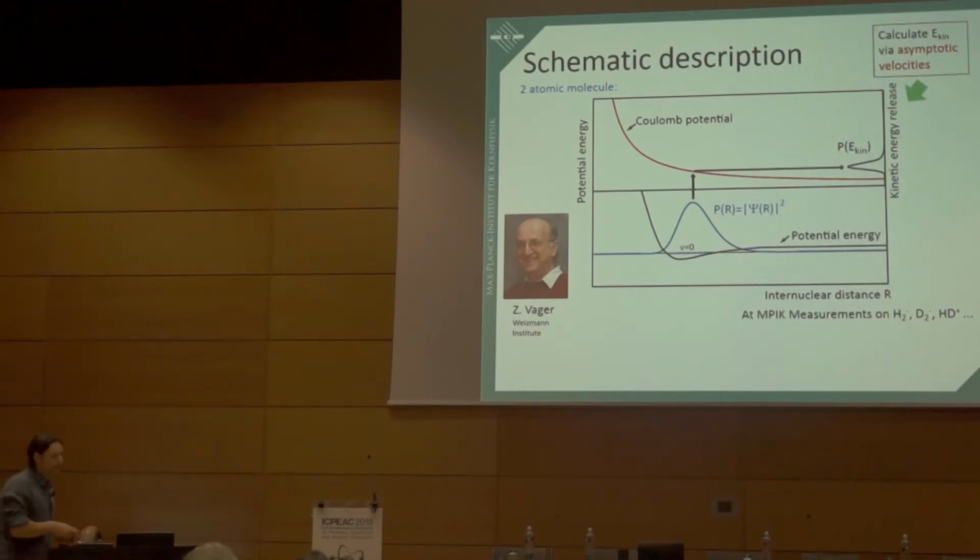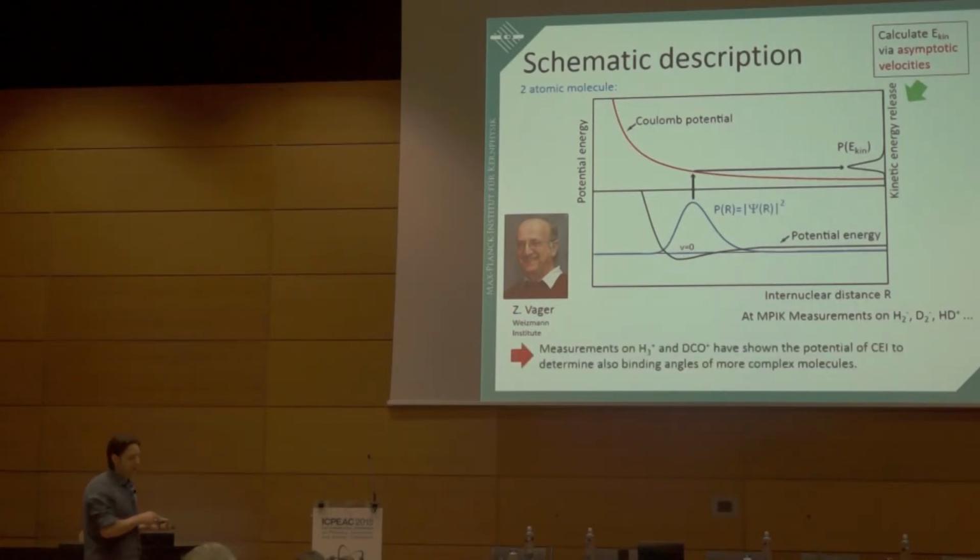This kinetic energy we can calculate via these asymptotic velocities, and this works very well, especially for small diatomic molecules. At ICPEAC, we have performed measurements on H2+, D2+, HD+, and so on. There were also measurements on H3+ and DCO+ that have shown the potential of this method to really determine also the binding angles of more complex molecules.